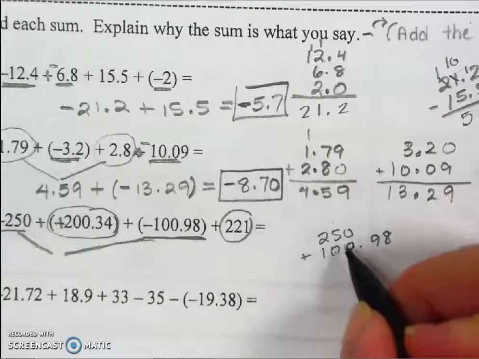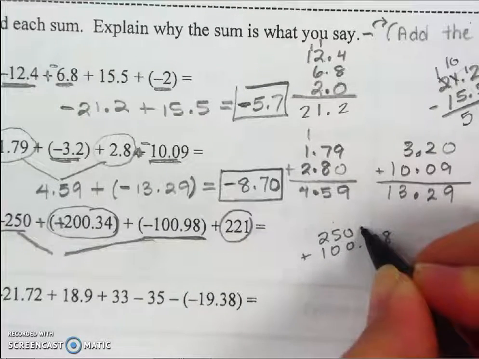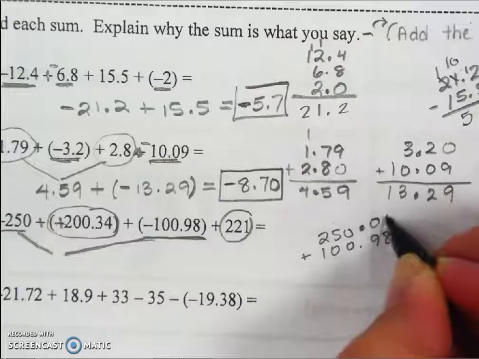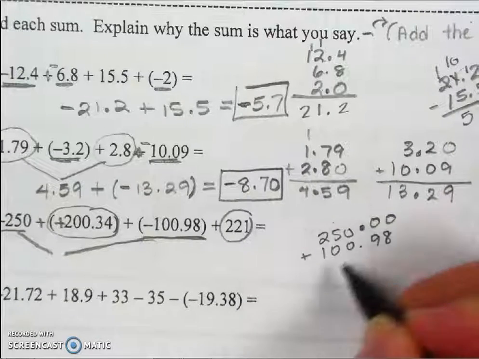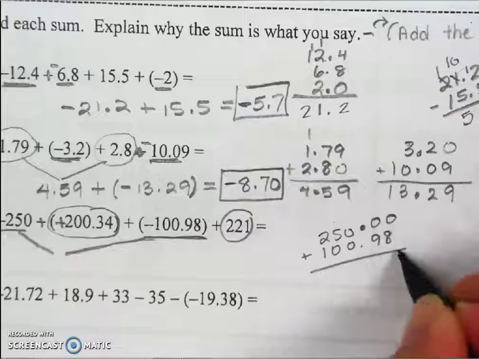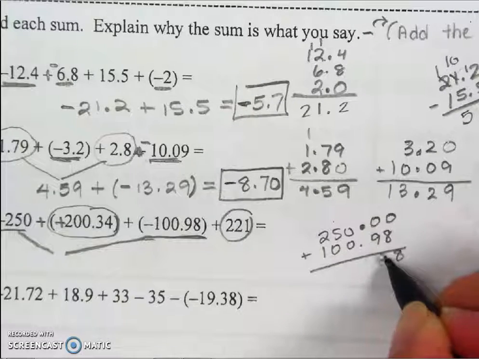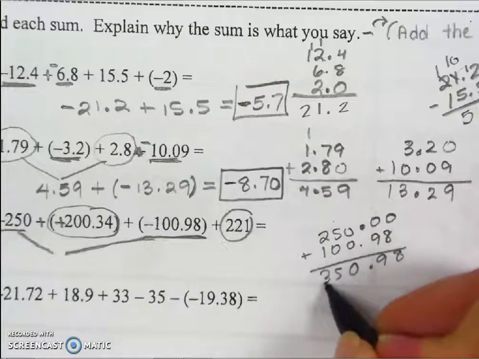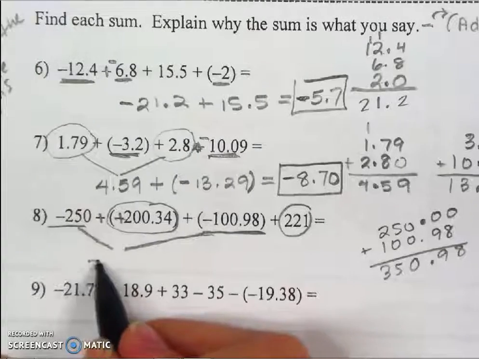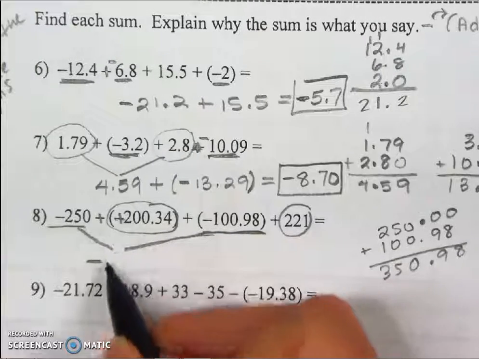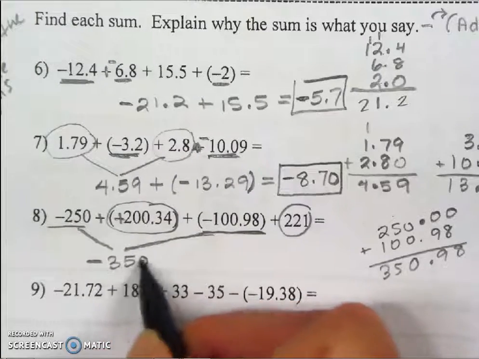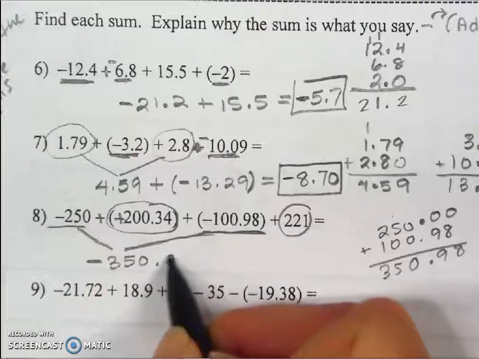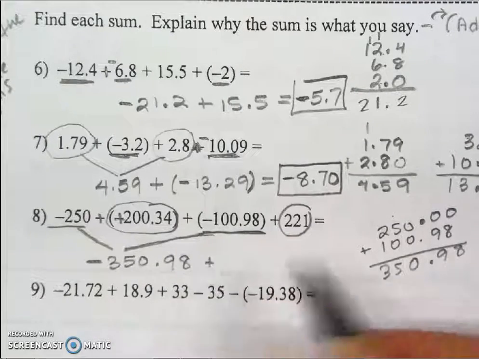On a whole number 250, like $250, that decimal would go back behind it. And then we fill in the zeros. All right, so this is a pretty easy addition. 0 and 8 is 8, 0 and 9 is 9, decimal, 0, 5, and 3. And so that means altogether, for my negatives, I have negative 350.98.